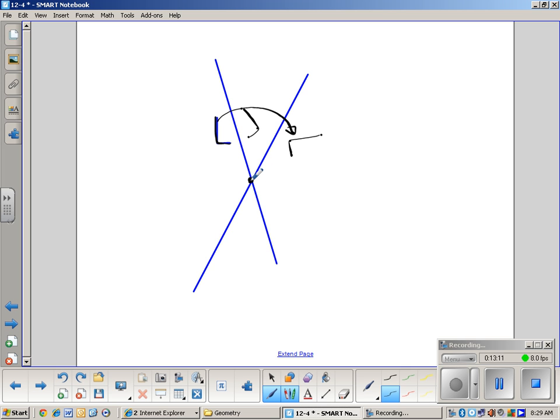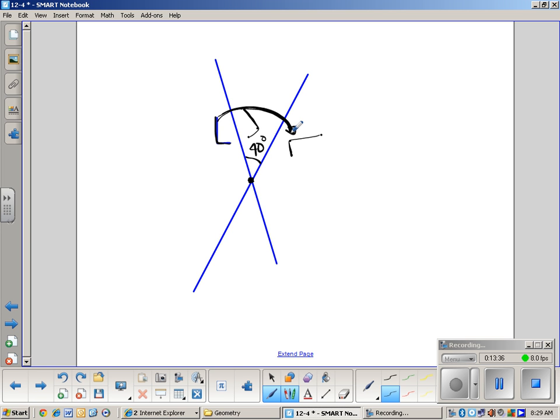So the composite of reflections is going to result in a rotation about the point of intersection. And if this was 40 degrees, any hint on how far this would go? 80 degrees. Yes.